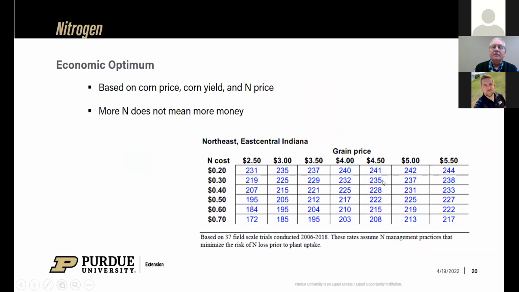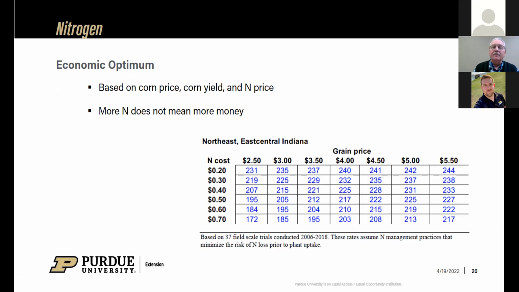Another example here: if your nitrogen cost is at 20 cents, it makes a little bit more sense to apply more when our grain prices are high. But when our grain prices are low and our nutrient cost is high, we're going to apply a lot less, looking at more like 172 pounds per acre as opposed to 244 on the other corner of the graph.